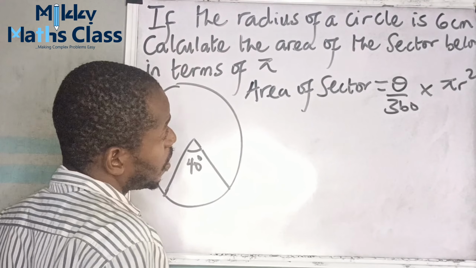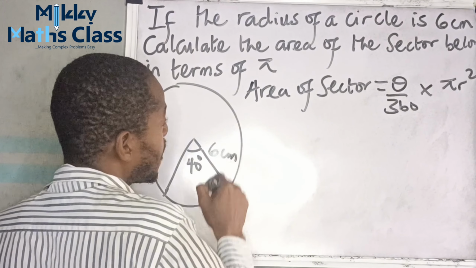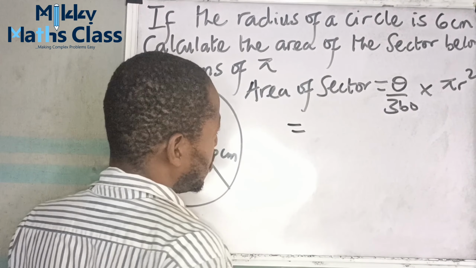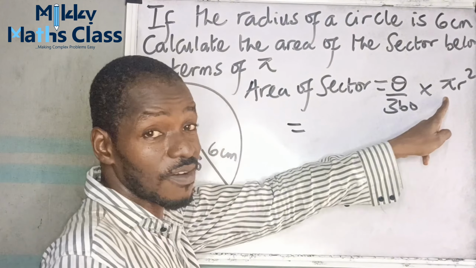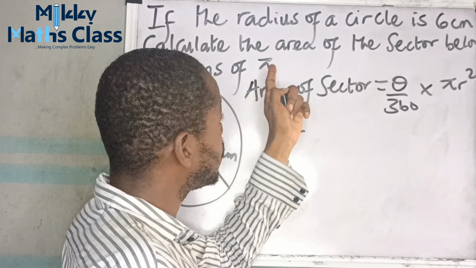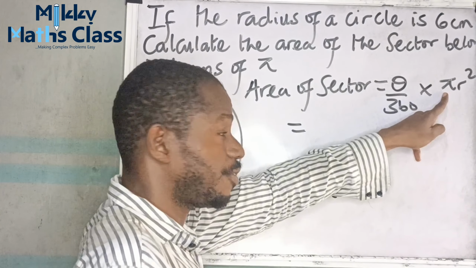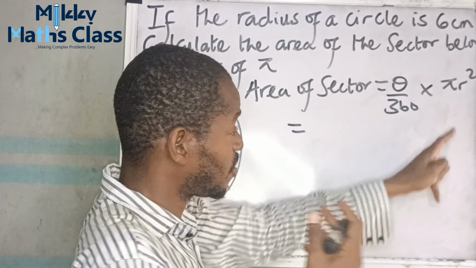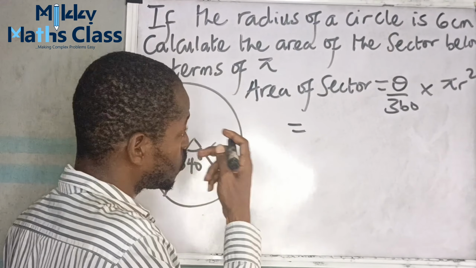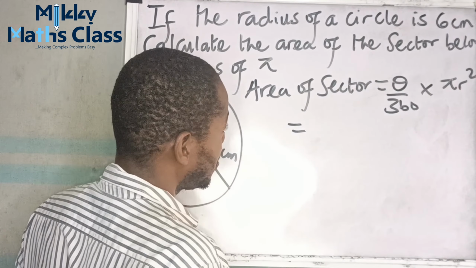So here is our radius, which is 6 centimeter. Because we are asked to find the answer in terms of pi, we do not replace the value of pi with 22 over 7 or 3.142. So we leave our pi like that.